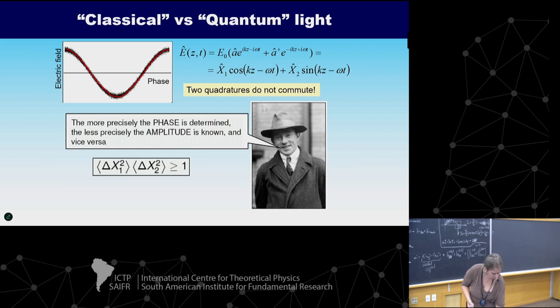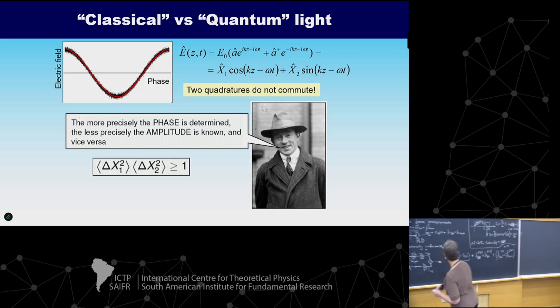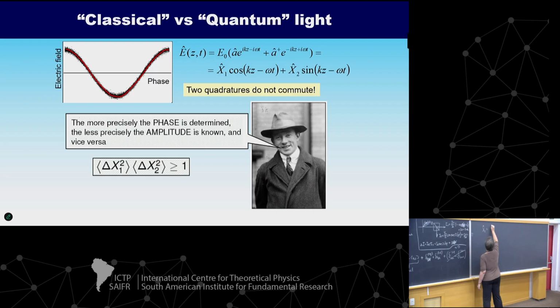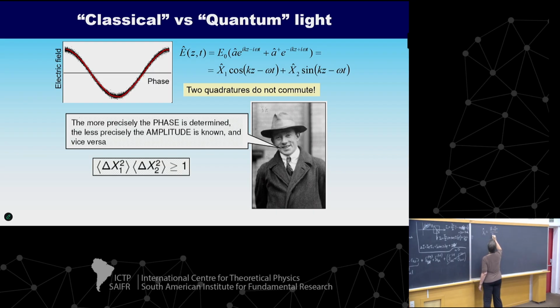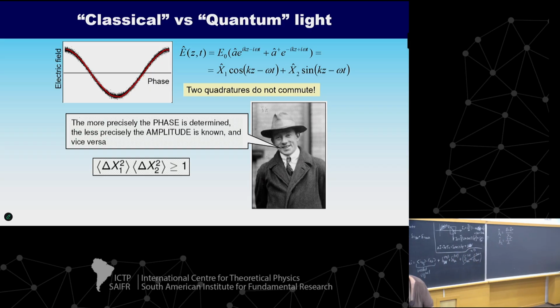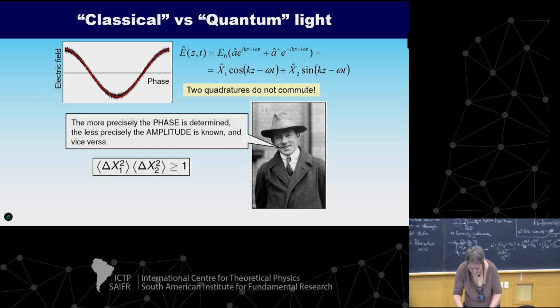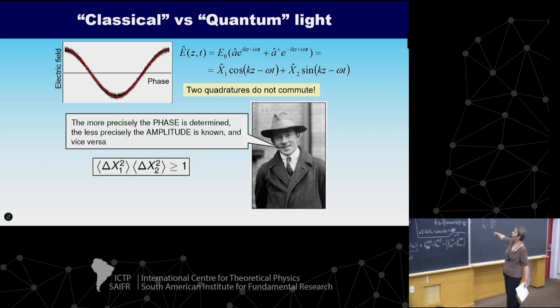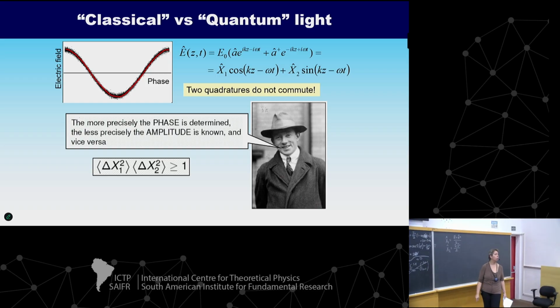I don't think I have it on the slides, so let me write down that quadrature x1 is going to be A plus A dagger divided by 2, and the quadrature x2 is going to be A minus A dagger divided by 2i. That's what we're going to get. And you can see that because A and A dagger do not commute, the two quadratures do not commute.